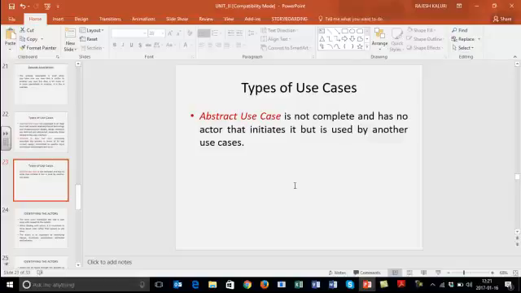An abstract use case is not complete and has no actor that initiates it, but is used by other use cases. So an abstract use case will not have any kind of actors, but still it will be initiating and doing some sort of actions in our UML process models.